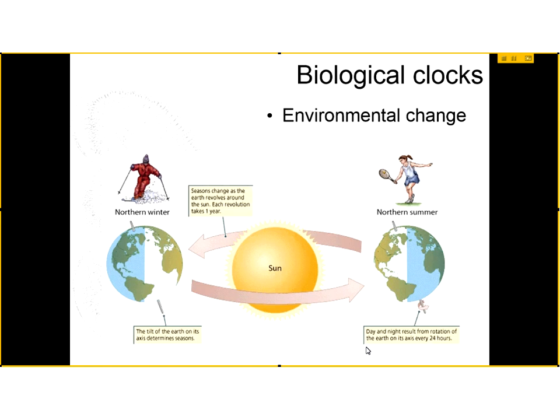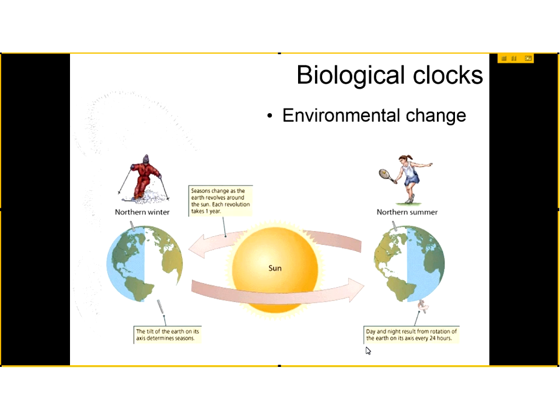And that occurs consistently over time. In addition, there are changes that occur across the year. In summer there are longer days in the northern hemisphere, whereas in winter the days are shorter and nights are longer.